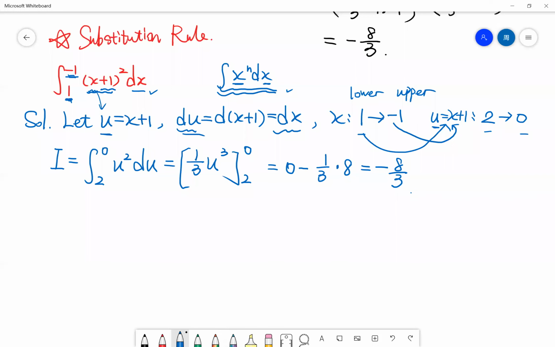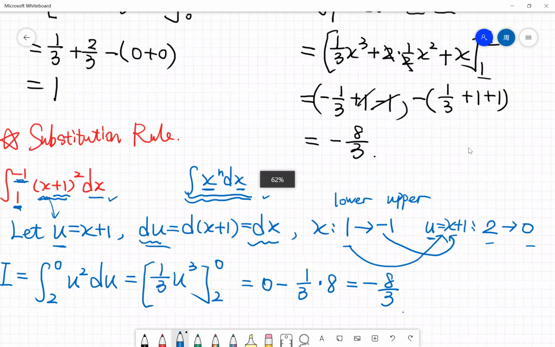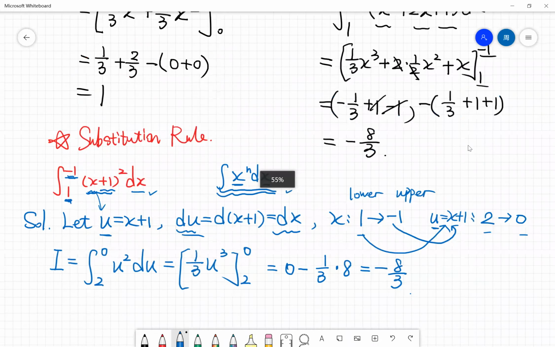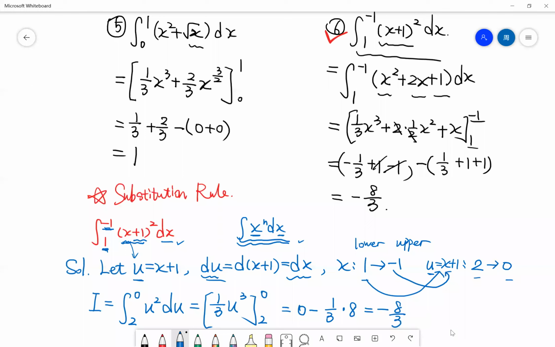We can compare these two ways to solve the same question, number 6. Obviously, the one where we use the substitution rule is easier, right? We can get the same result.